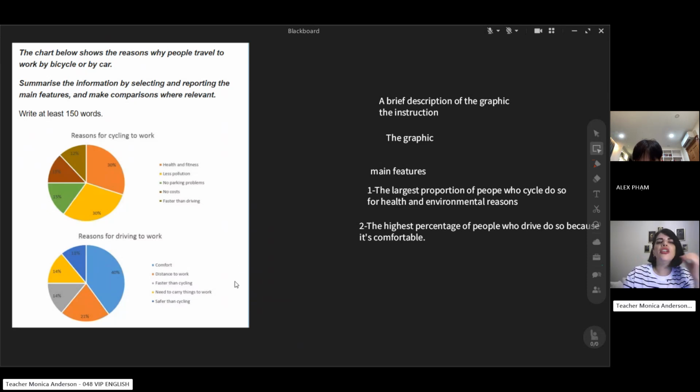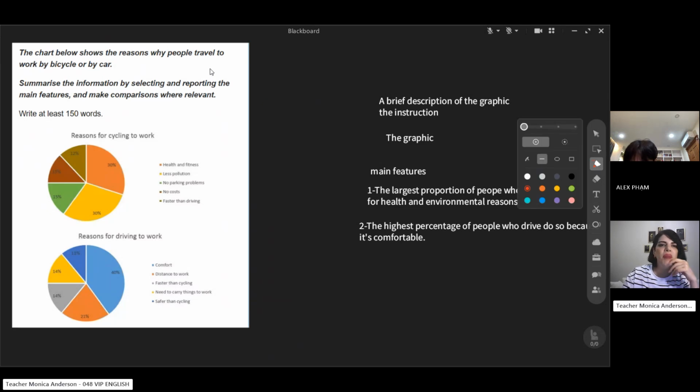So first, let's write our introduction, the first paragraph. Okay, the chart below, let me underline my keywords. The chart below shows travel to work, and it's percentage.